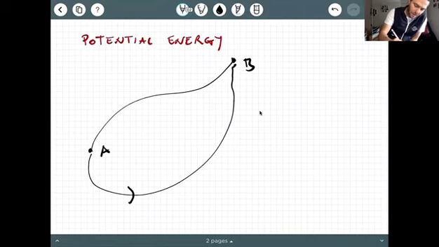Because suppose you're swimming, and while you swim, the force you have to exert, or the water actually has to exert on you, to be more precise, for you to go from A to B, has to overcome the viscosity of the water. And the viscosity of the water is always trying to oppose you.